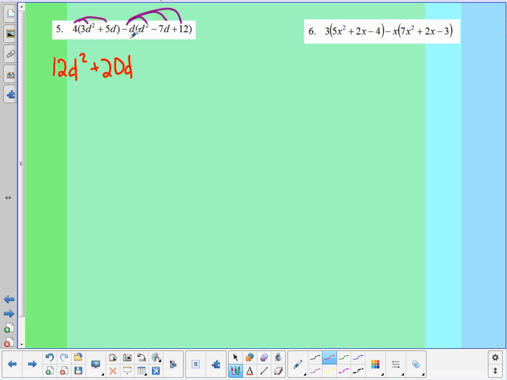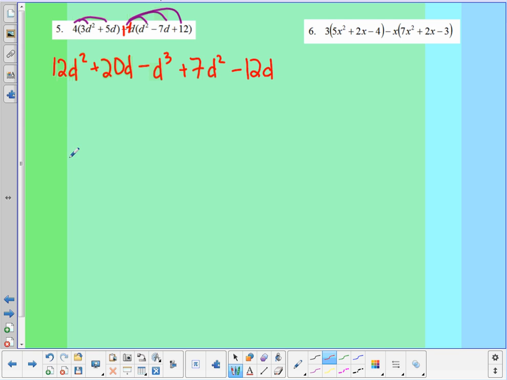Then I have a negative d, or you can call that a negative 1 times d. So negative 1d times d squared is negative d to the third. Negative d times negative 7d is positive 7d squared, and negative 1d times 12 is negative 12d.